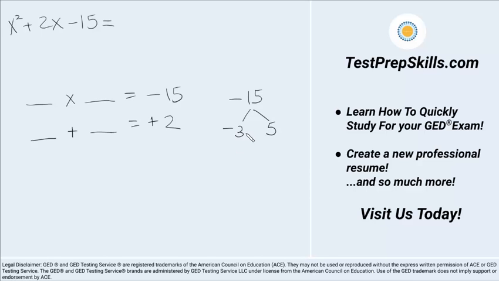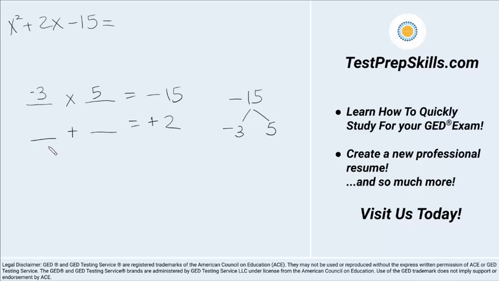So we have two factors of negative 15. We have negative 3 and 5. When we say factors, that means the numbers can be multiplied together to give us our original number, okay? Negative 3 times 5 gives us negative 15. So we can put these in here. Negative 3 times 5 definitely gives us negative 15, so that works.